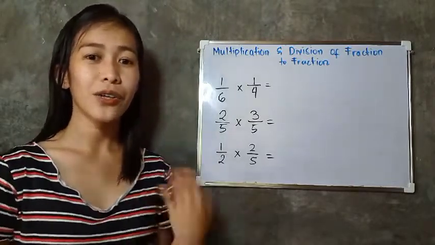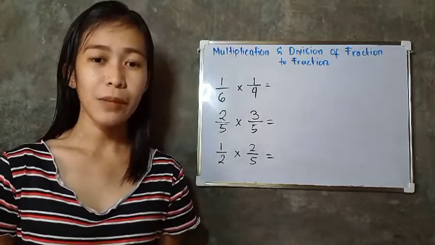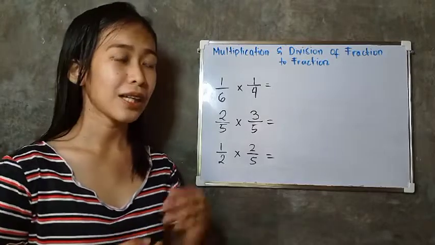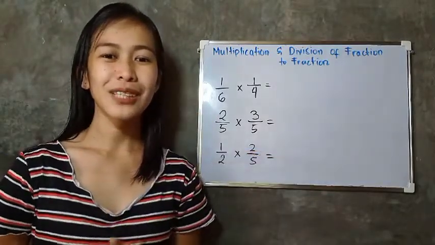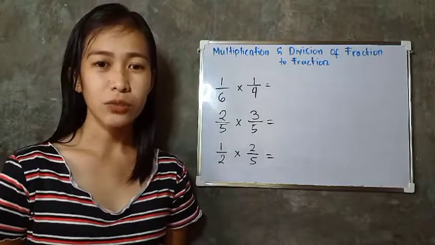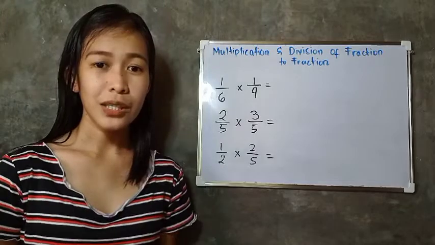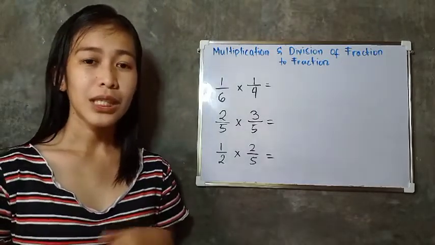Alright? So, we have an earlier video about fractions. We have an introduction of fractions. I will put that here. And of course, we also have part 1 and part 2 of addition and subtraction of fractions, any kind of fractions: similar, dissimilar, mixed fractions.